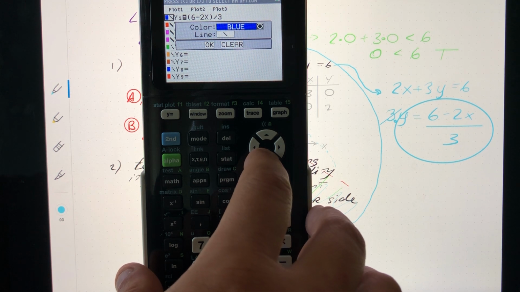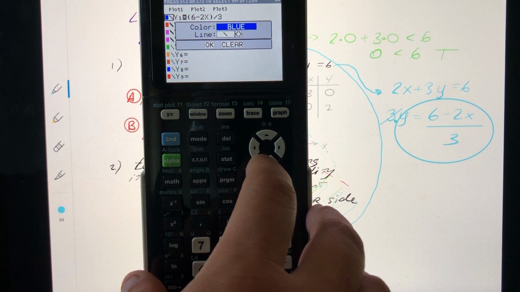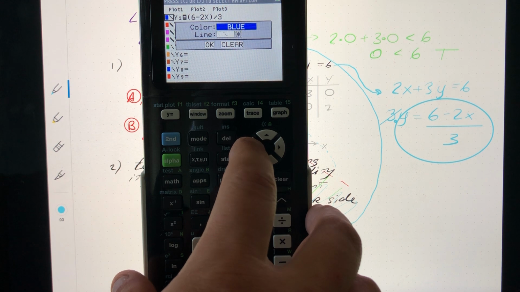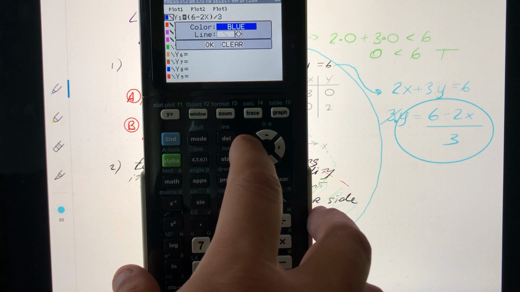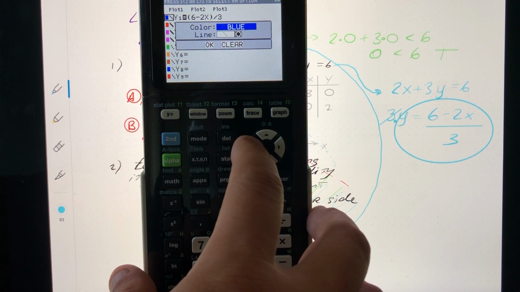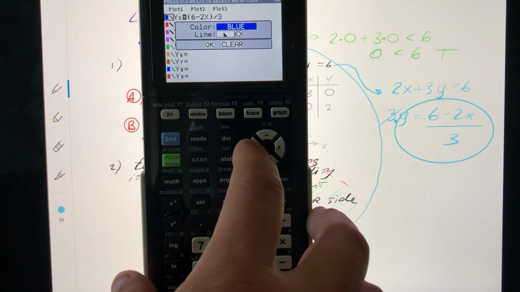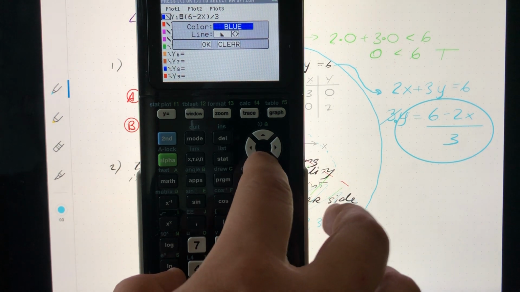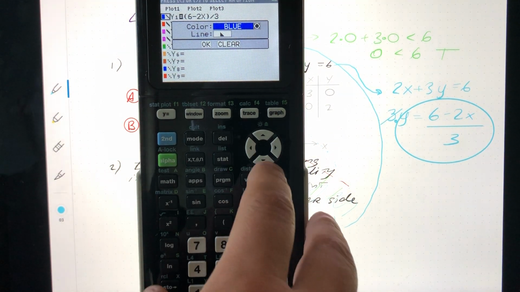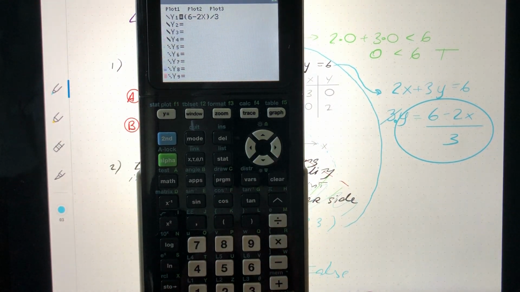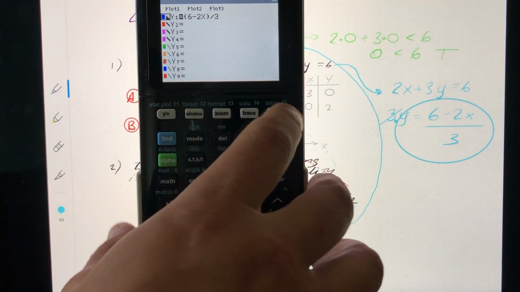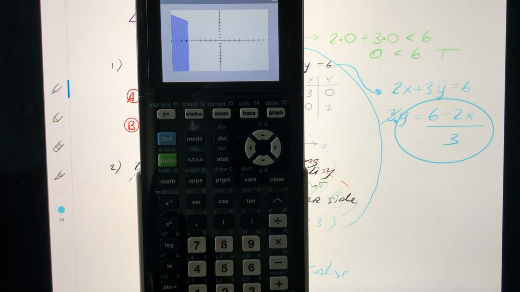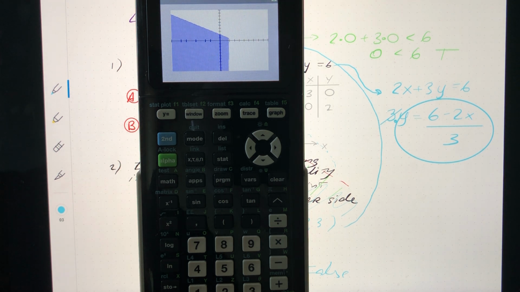We can select the color, and if I press the down arrow, I can choose the different settings for the line. Now that's a dotted line, that's a big dotted line. This one, with a triangle looking down, is equivalent to the less than symbol. So if I choose less than and hit OK, let's see what happens.